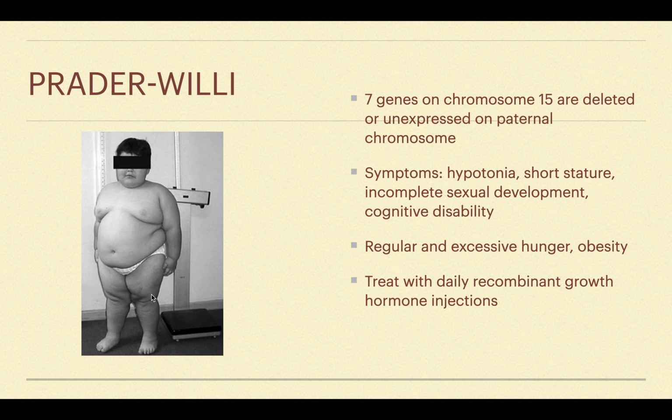This is not normal. It's one thing for a child to be overweight, but it's another thing when the child, at age 5, is morbidly obese. They do have some problems with impulse control as well, because the hunger just overrides everything, and all they want to do is eat.